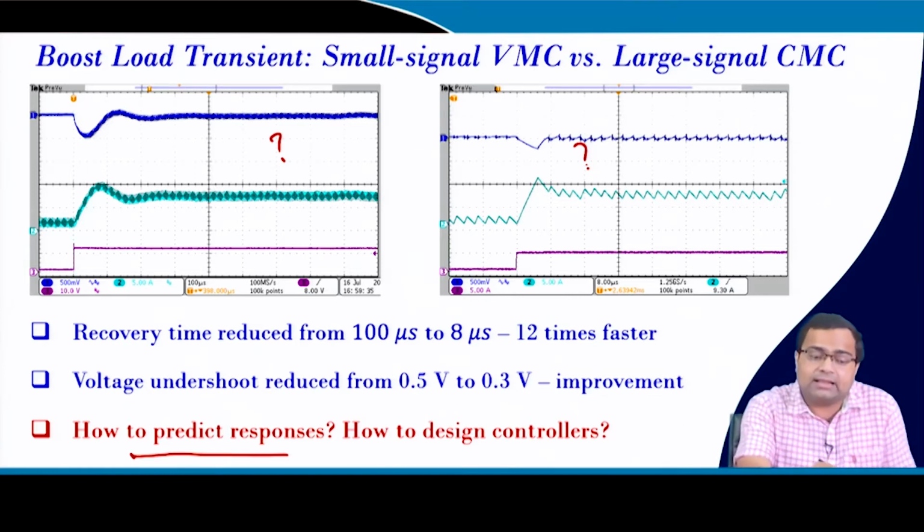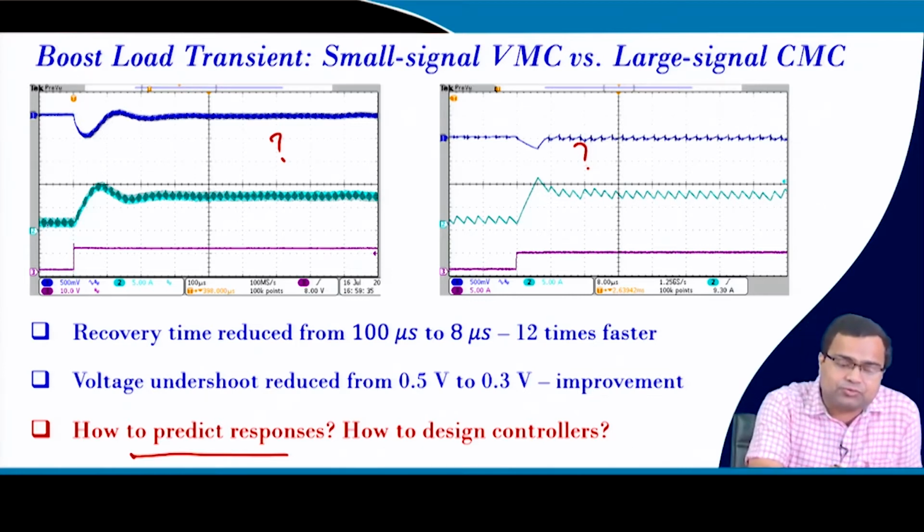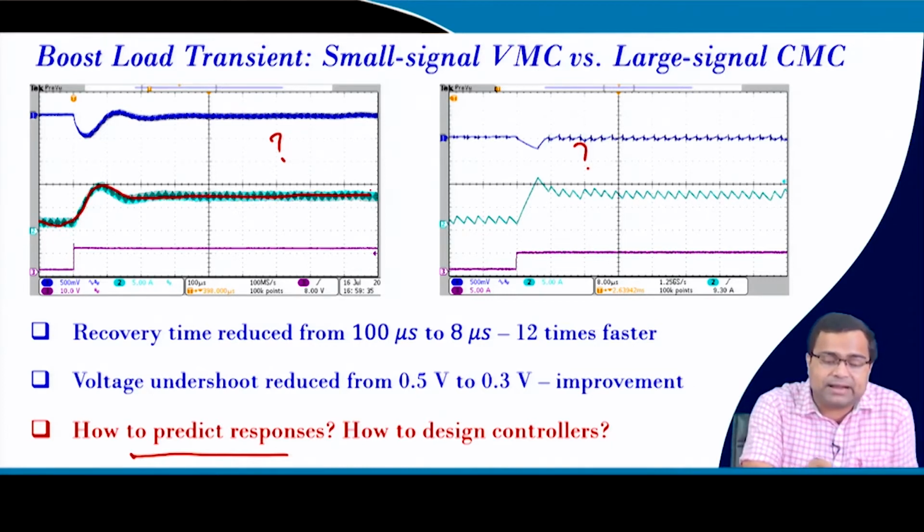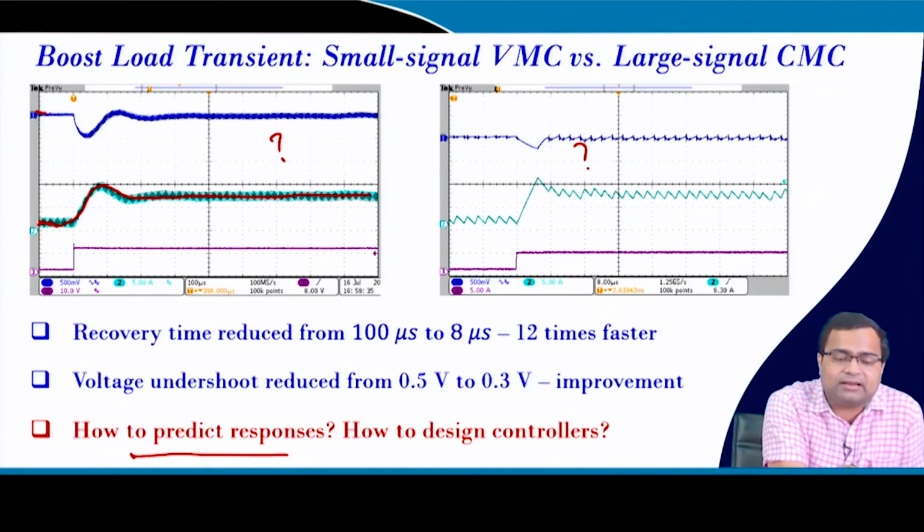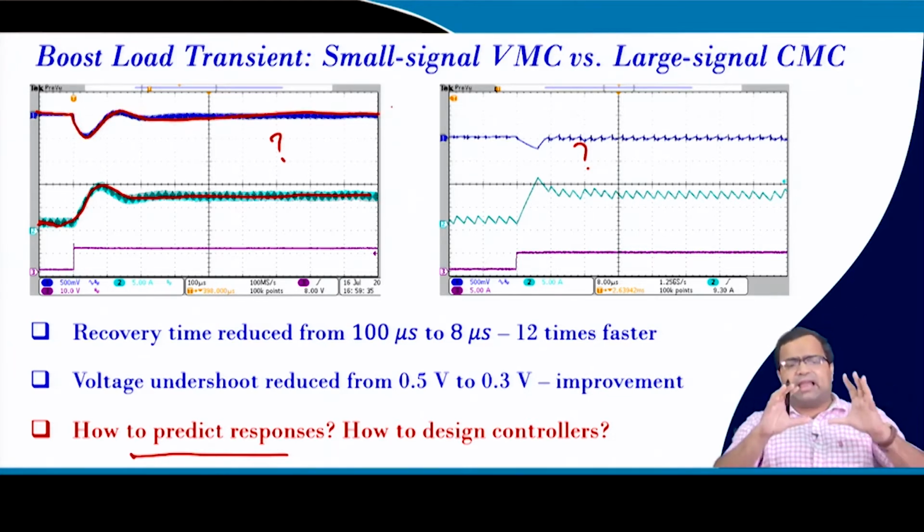And I said that this response, if you try to draw a line in between, can be predicted by a linear model, like there is an undershoot, overshoot like this, and it can be very accurately predicted by a linear model. In fact, in the subsequent lecture, I will show model matching.